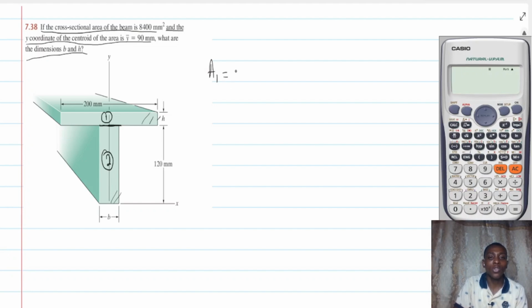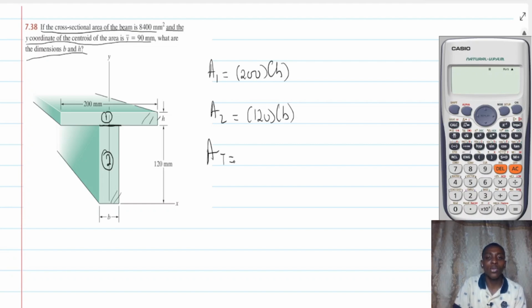Having done this, we can clearly see what area 1 is. Area 1 is going to be 200 multiplied by h. Then area 2, since it's also a rectangle, is going to be 120 multiplied by b.